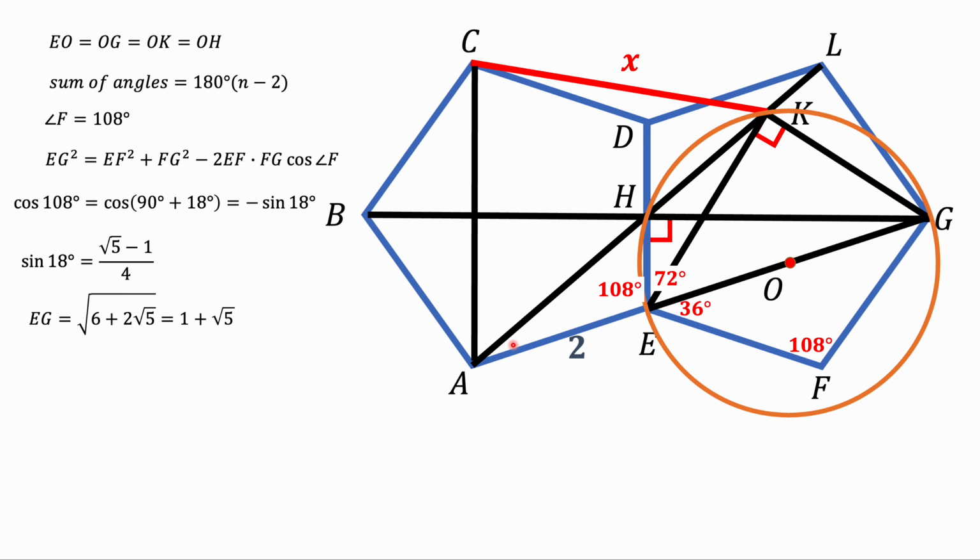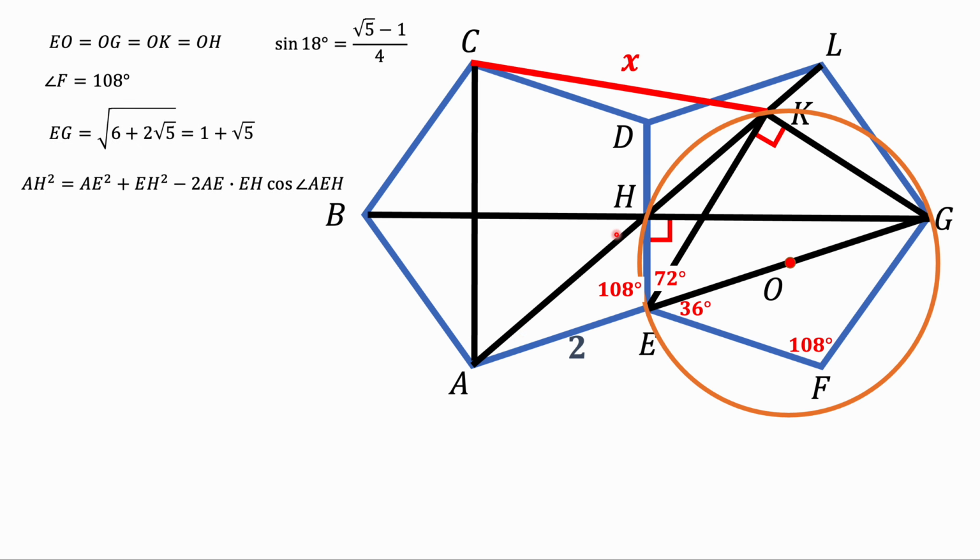First of all, we need to find AH. So we can apply law of cosines in this way. We know AE, we know EH, and we know cosine of 180 degrees. It is minus sine of 18 degrees. That is written here. We can plug everything in and get our AH. Now we know AH, we know the other two sides, we know all three sides. So we can write law of cosines for this side, EH.